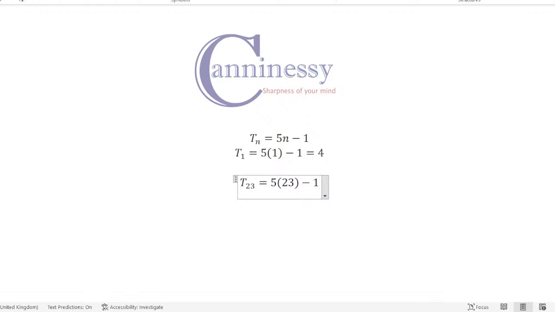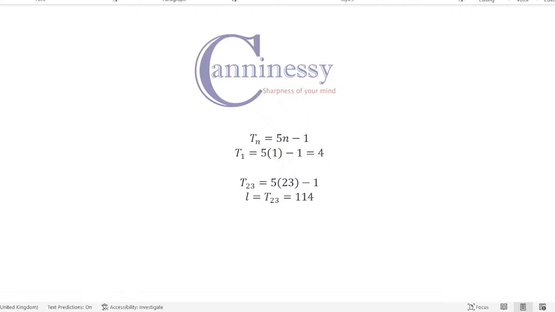Now you just have to multiply 5 by 23. So the last term L, T23, is going to be 5 multiplied by 23 minus 1, which is 114.